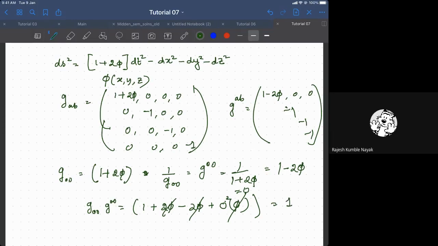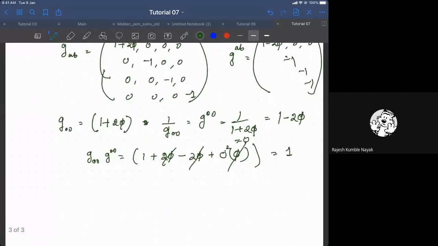This is all we will be doing throughout: whenever we do the first order approximation, the higher order terms cancel out. We keep only the phi term. Phi square would always be 0. Under that, the inverse would be simply 1 minus 2 phi. So this is where the simplification happens.